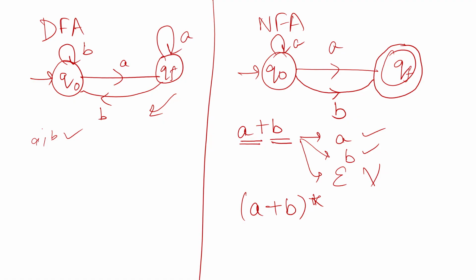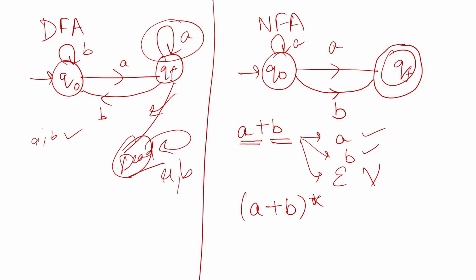In DFA, suppose self loop means any number of A's can be accepted. Suppose if we don't have any other string and we don't want to accept those having A at the end, what we do is a dead state. A dead state means that it will go into an infinite loop, what we call in a coding language. So infinite loop means it will never come out because it will not be accepted. So this is basically what is NFA and DFA.